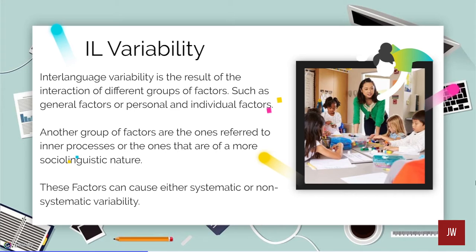Another group of factors are the ones referred to as inner processes, such as degree of attention to form, or the ones that are of a more sociolinguistic nature, such as functions of linguistic forms and linguistic environment. These factors can cause either systematic variability, which is easier to predict, while others can cause non-systematic variability.